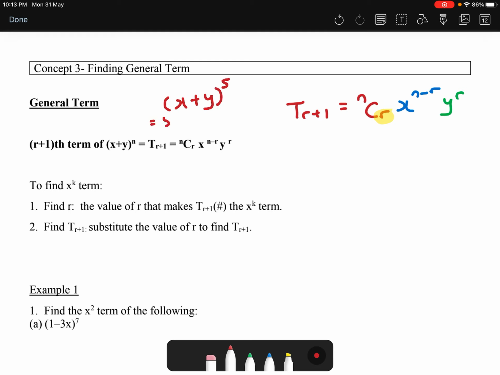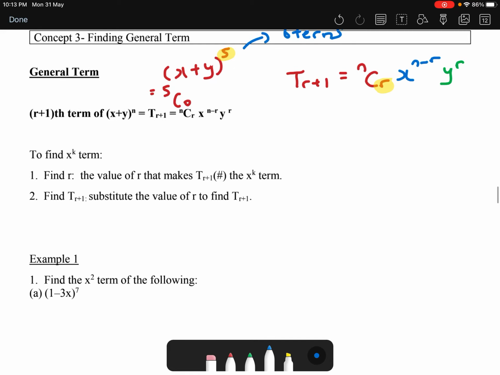I always start from 5 choose 0, then expand. So the total number of terms in (x plus y) to the power of 5 is 6. If you want to find the fourth term, you must use 3 plus 1, and so on and so forth.